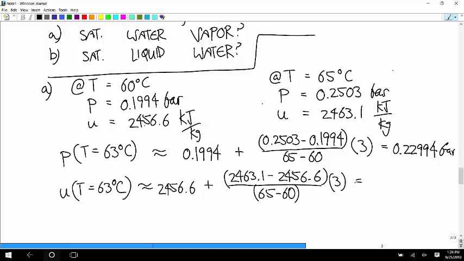What do you get for that one? 2460.5. And that's kilojoules per kilogram.